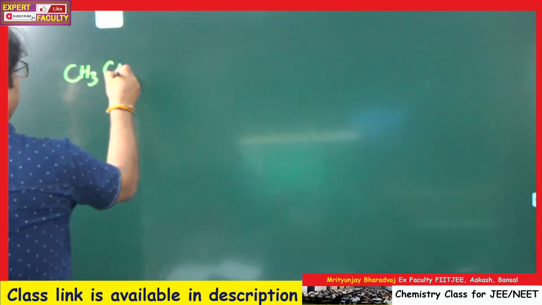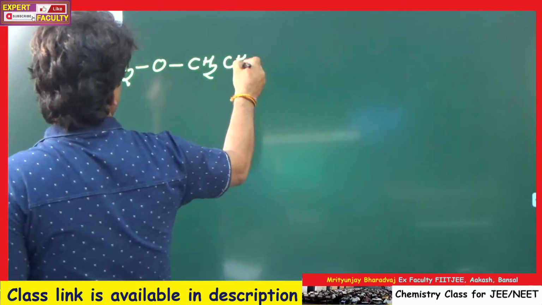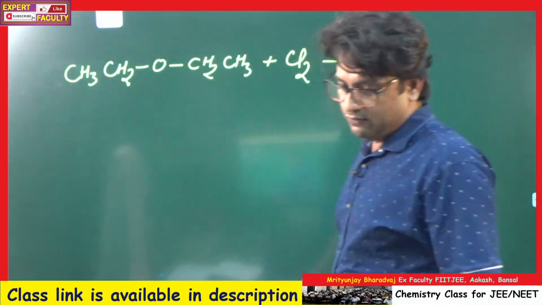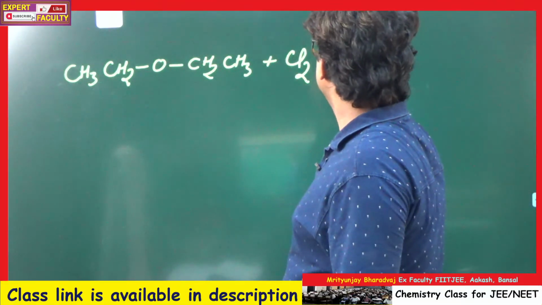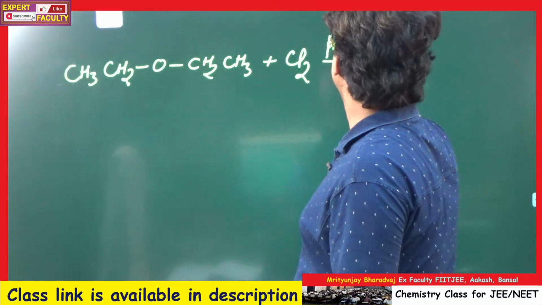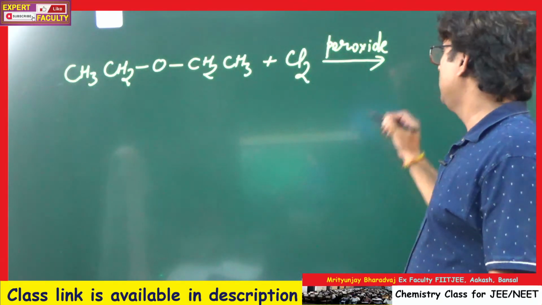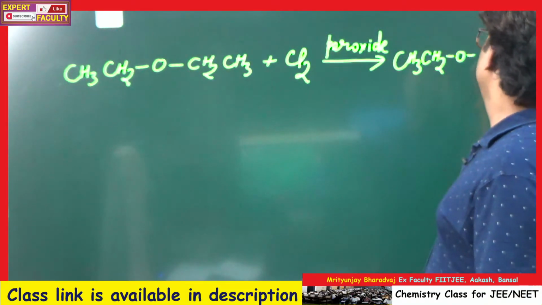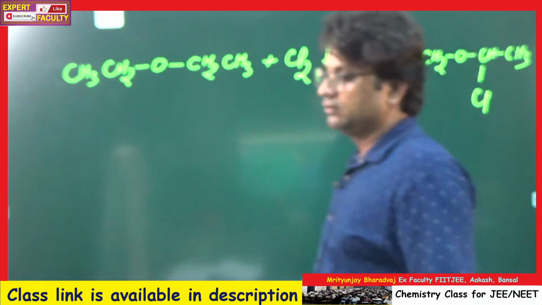Then, on a similar basis, we can have another reaction: CH3CH2OCH2CH3 reacting with Cl2, where we take some peroxide as a catalyst, and the product will be CH3CH2OCHClCH3.